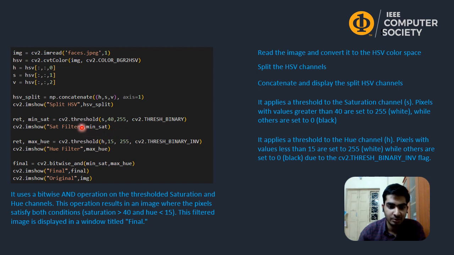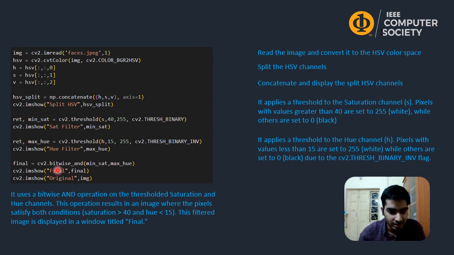Now, I am using two threshold functions. The first one applies a threshold to the saturation channel S. Pixels greater than 40 are set to 255 and the others are set to 0. And here I am applying the threshold on the hue channel. The pixel values greater than 15 are set to 255 while others are set to black.